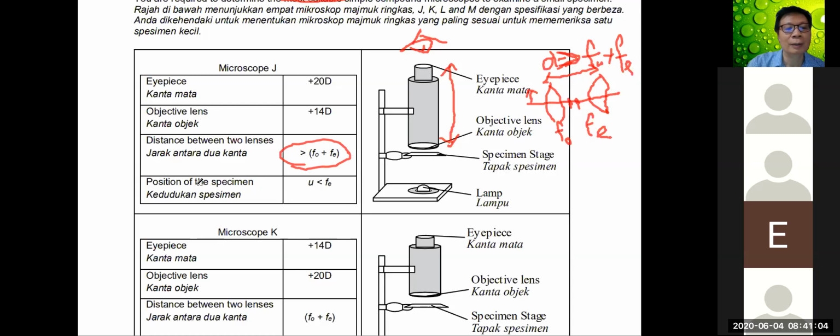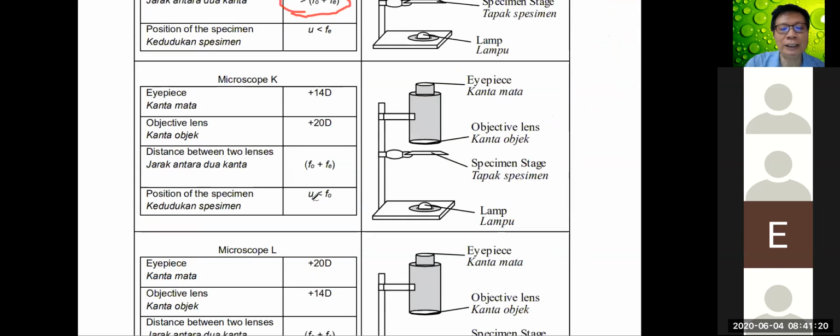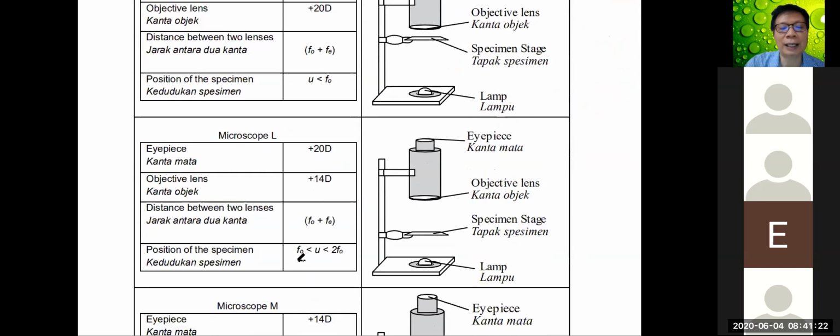Next, the position of the specimen. Where must the specimen be put? Smaller than FE, or between 1F and 2F? I think it should be between 1F and 2F. The specimen must be put between 1 focal length and 2 focal lengths.